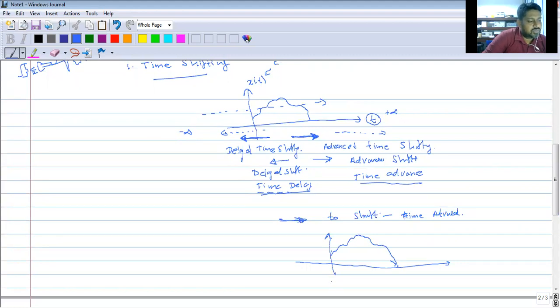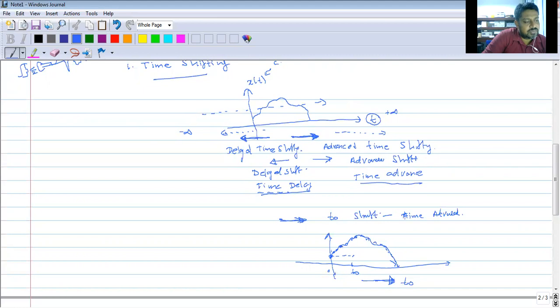If I move this signal by t naught to this side, that means all these points will move by t naught to this direction. So this zero point will move to the t naught point.